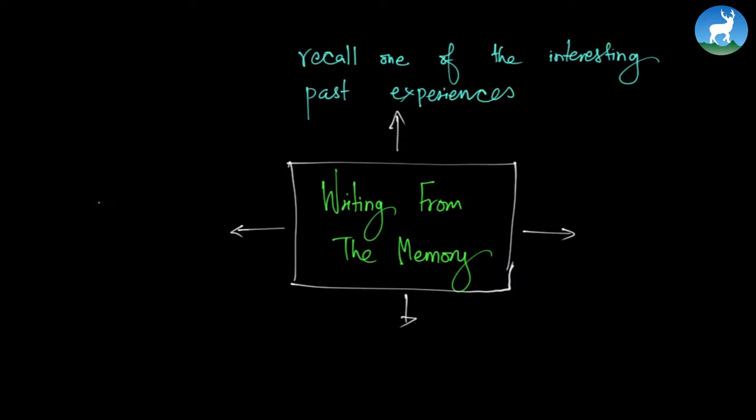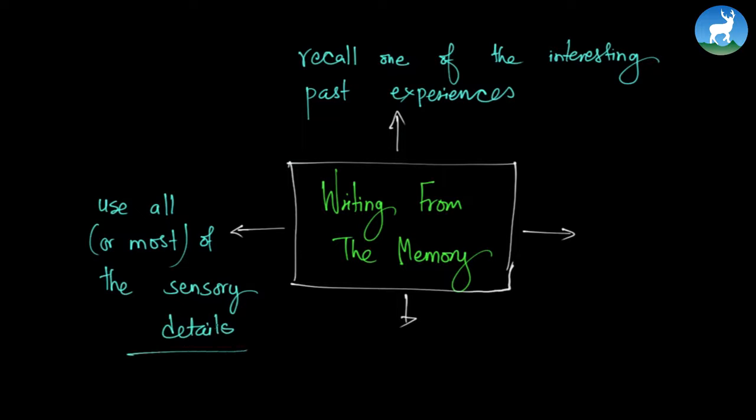And I want you to use all or most of the sensory details. What that means is I want you to write more like from the body. Write the experience using all different kinds of sense organs. So you don't have to cover each and every one of them, but it's good if you use most of them.